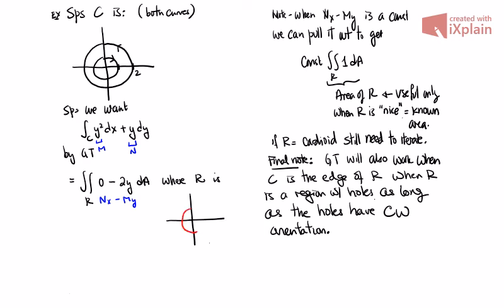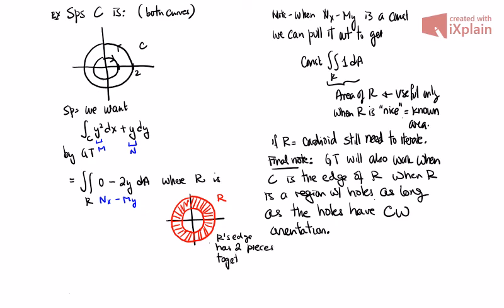So R is this washer shape. And if you notice, the edge of R is in two pieces, right? It's the outer piece and the inner piece. Both of those edges together make C, right? So this is C up here. So R's edge has two pieces.